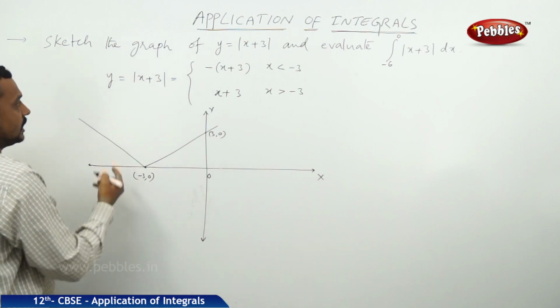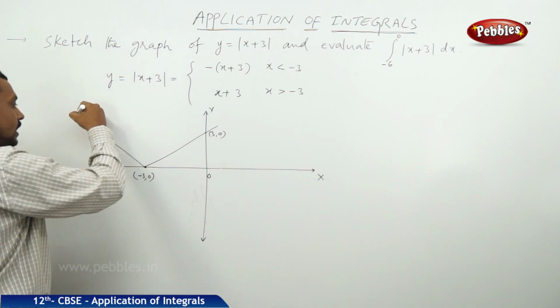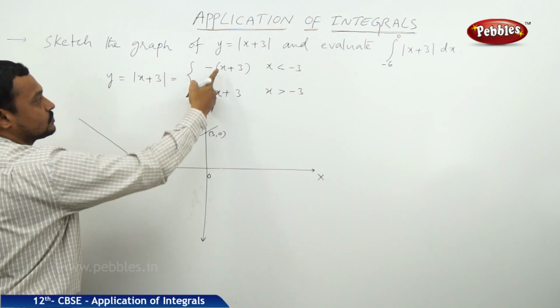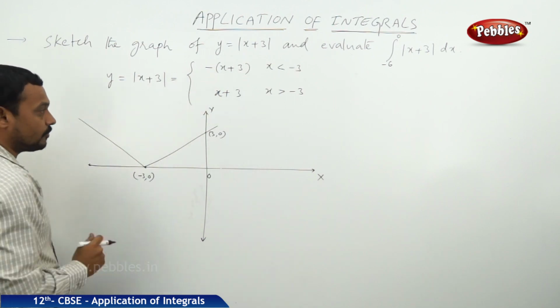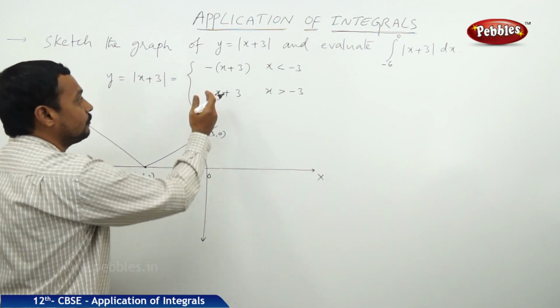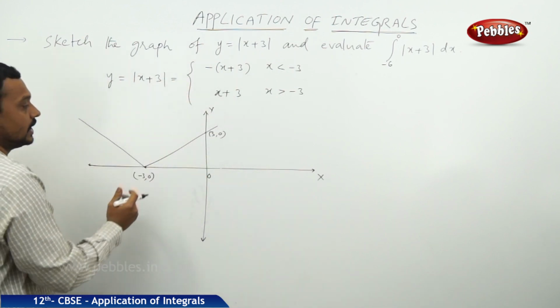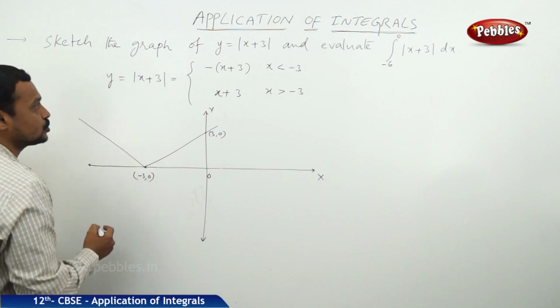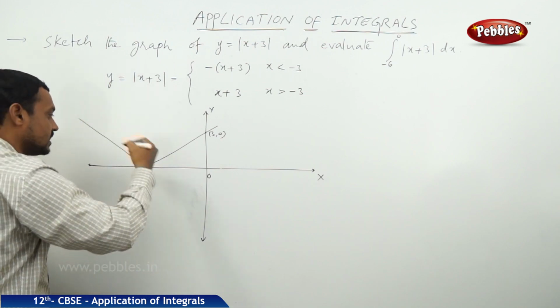So y is equal to minus x means that here the slope of the straight line is equal to minus 1. When is the slope of a straight line minus 1? If theta is more than 90 degrees. So here this angle is obtuse and the straight line will be like this.